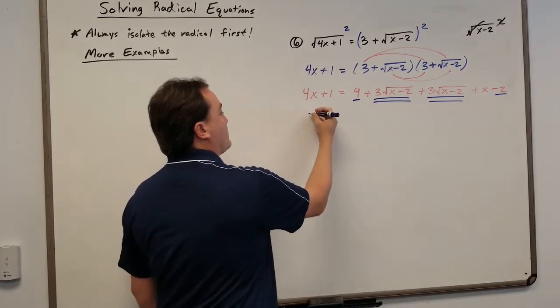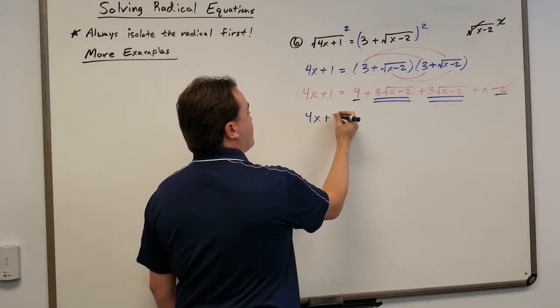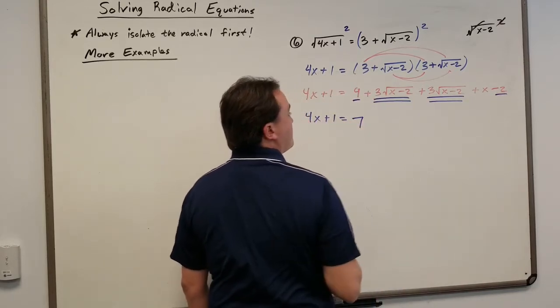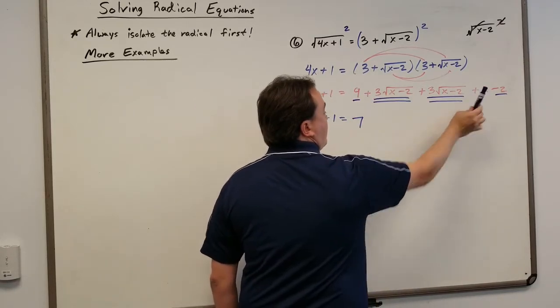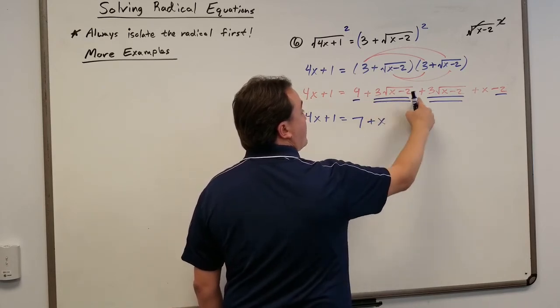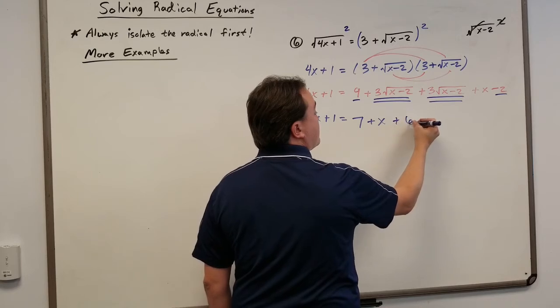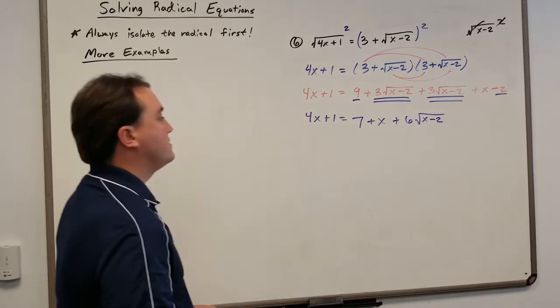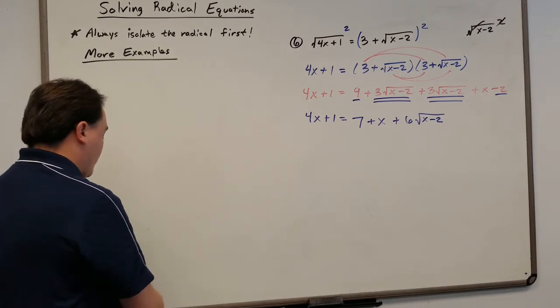So we have 4x plus 1 equals 9 minus 2 is 7. We're going to put the plus x after that. Combine these. 3 plus 3 is 6. We're going to isolate the radical again.